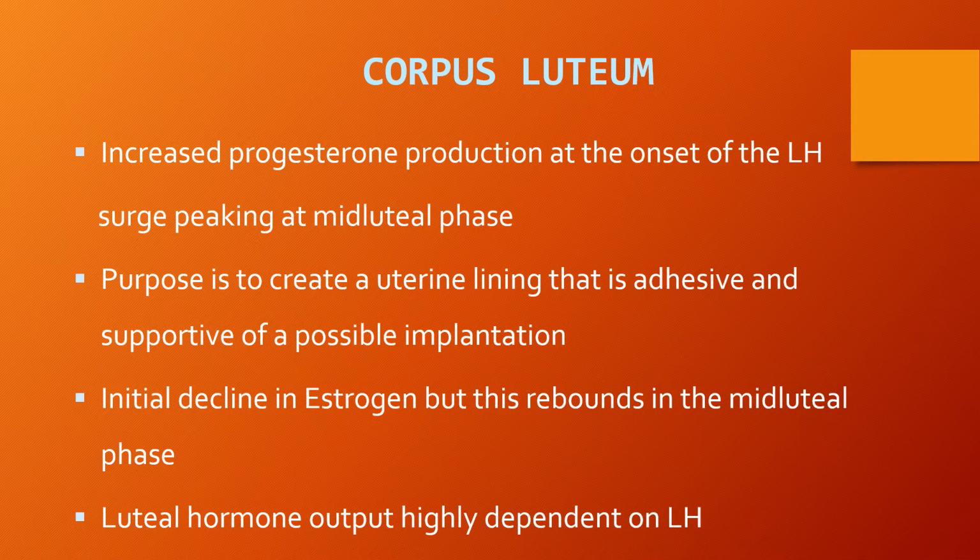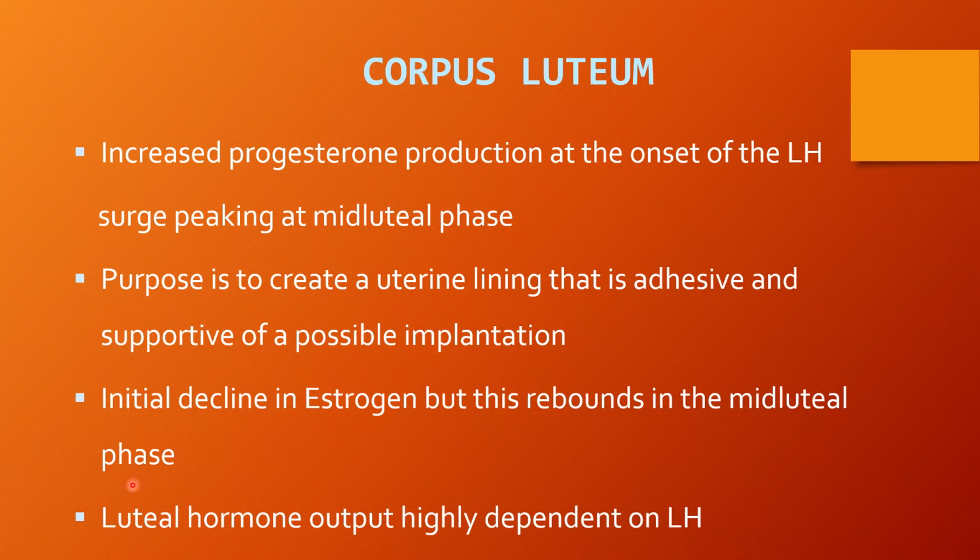So with the corpus luteum, there will be increased progesterone production at the onset of the LH surge, which peaks at the mid-luteal phase. So the purpose of it is to create the uterine lining. Okay? So with increased production of estrogen, that is adhesive and supportive for possible implantation. So with the onset of your LH, it now will prepare the uterus for possible implantation by creating a uterine lining.